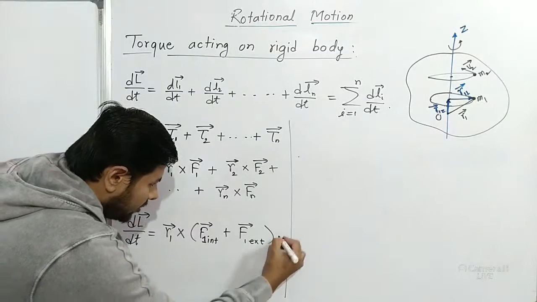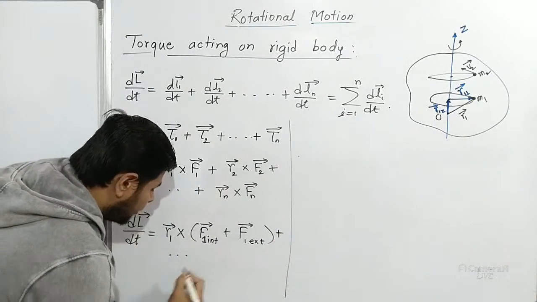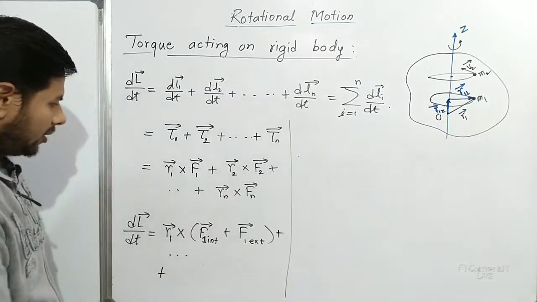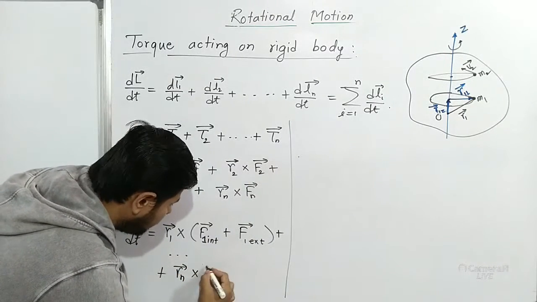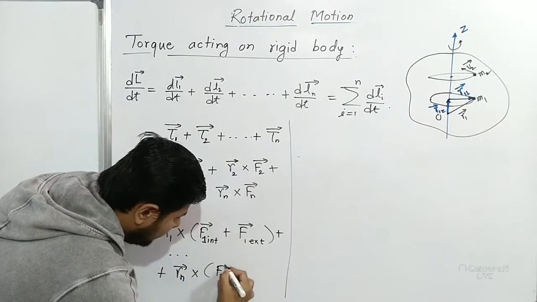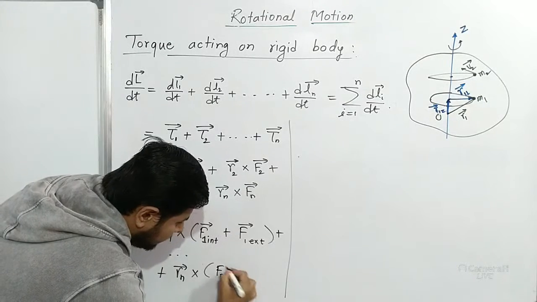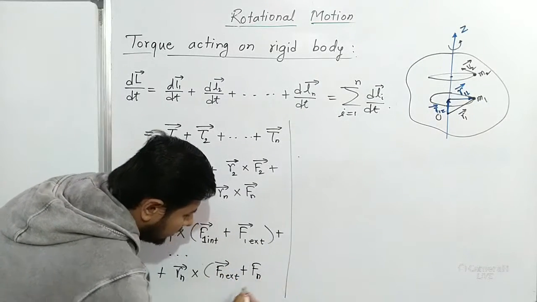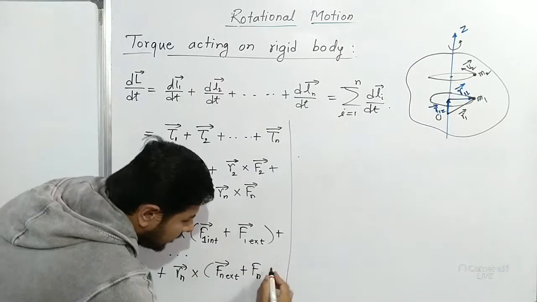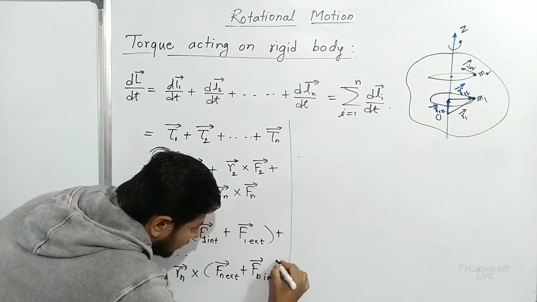I am not going to write it for each and every particle, I will just write for the last particle, so it is Rn bar crossed with Fn internal plus Fn external.